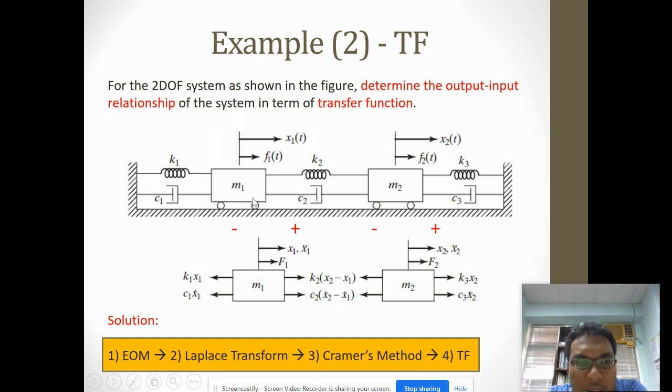Okay, so now for the system, you can show the m1 here, the plus and minus, m2 plus and minus. In the plus direction, you have a c, x2 minus x1 double dots, k2 connection at this location. And then at the below part you have a minus, c1 and k1.